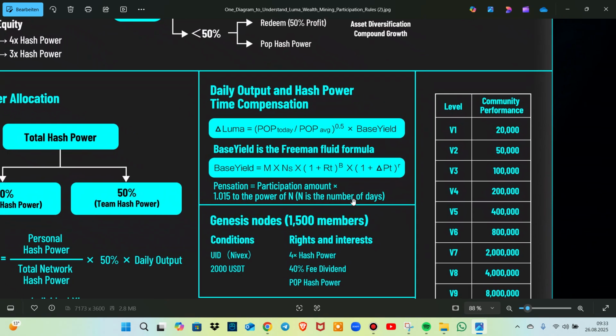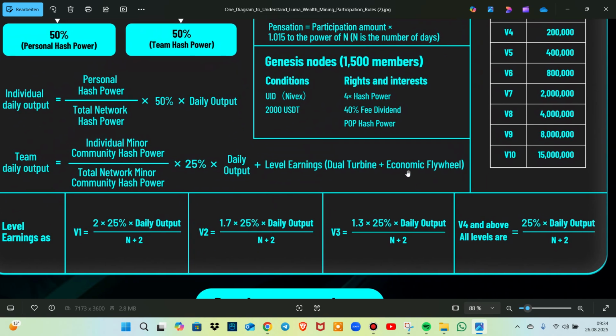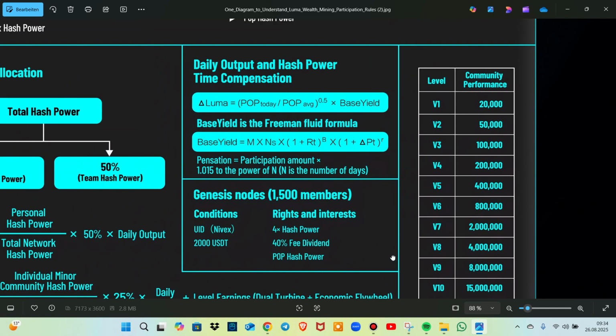So to estimate the daily output, we will need to know a lot of different variables that we don't have as of right now because the protocol is not live yet and it is expected to launch somewhere between the 9th and the 15th September. But we estimate that the daily output for passive earners will be something between 0.5% and 1%, right? And as far as the team, this is also very hard to predict.